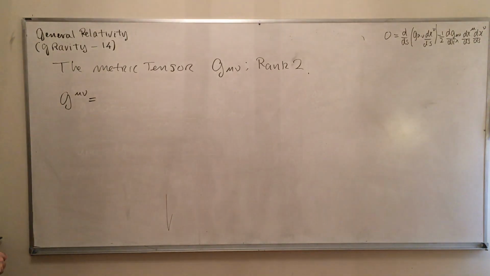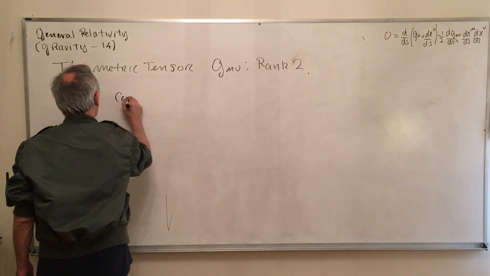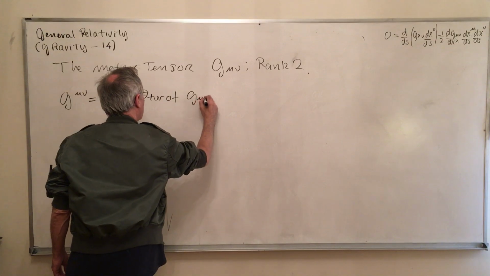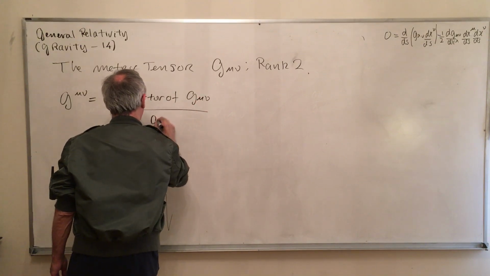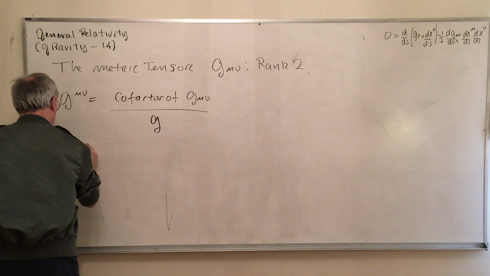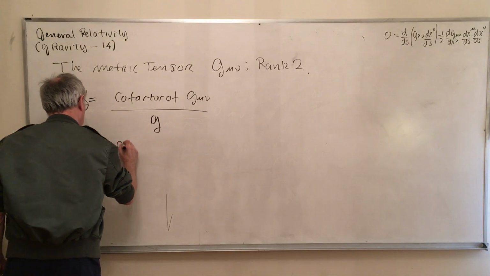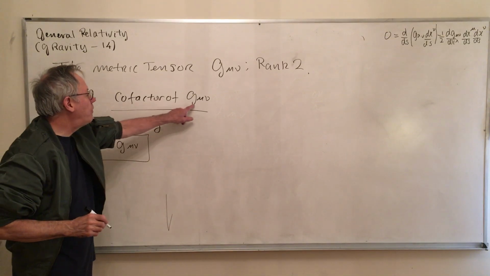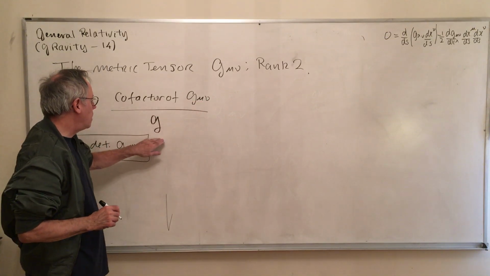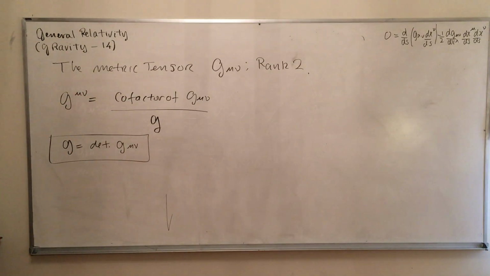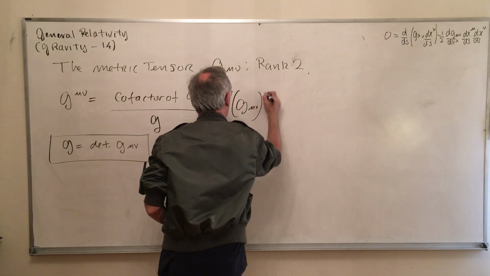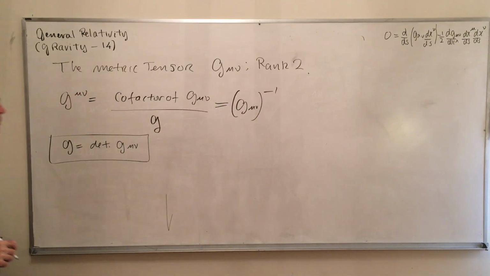Now, the contravariant version of the G mu nu tensor is given by the matrix of the cofactors of the G mu nu downstairs over G. And we call that G mu nu inverse. Okay?